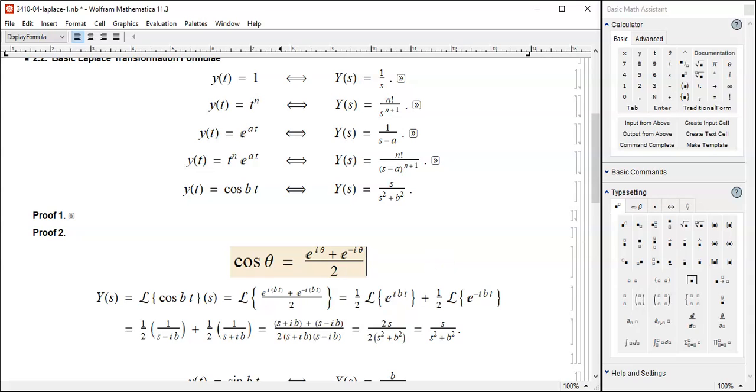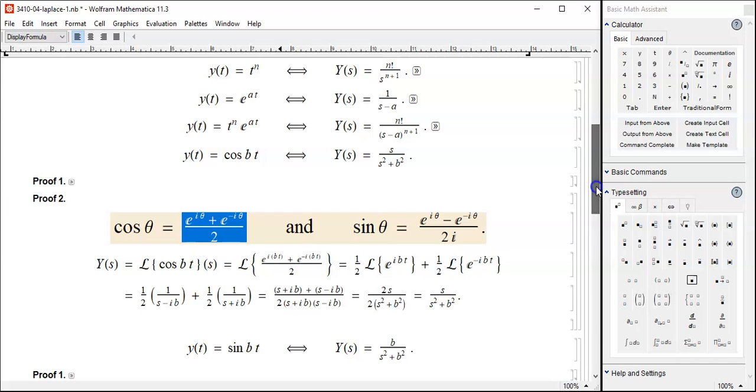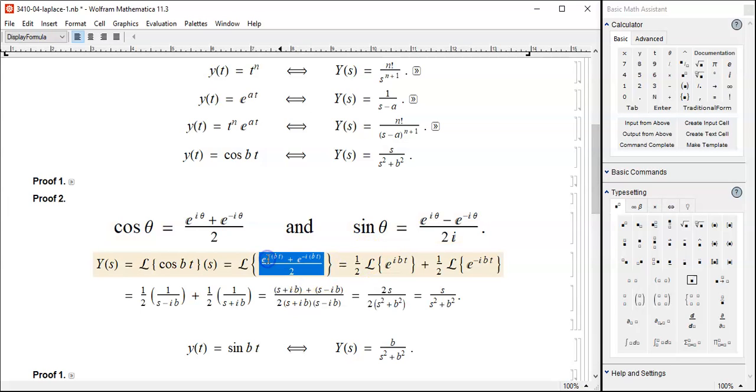This is the formula I'm using. And sine, by the way, is similar, except this is minus and then this is 2i. So I'm using this one here because this is a cosine problem. So I have it over there.